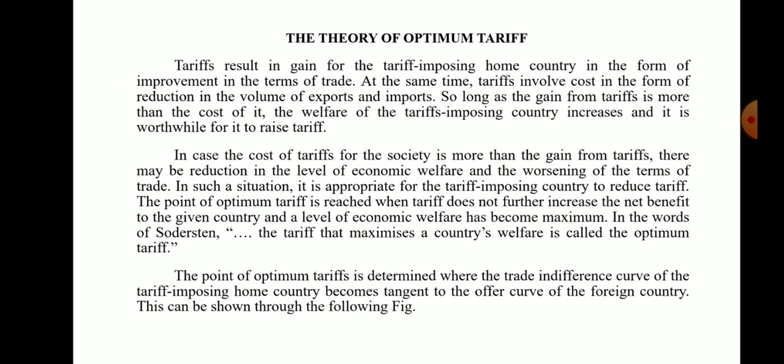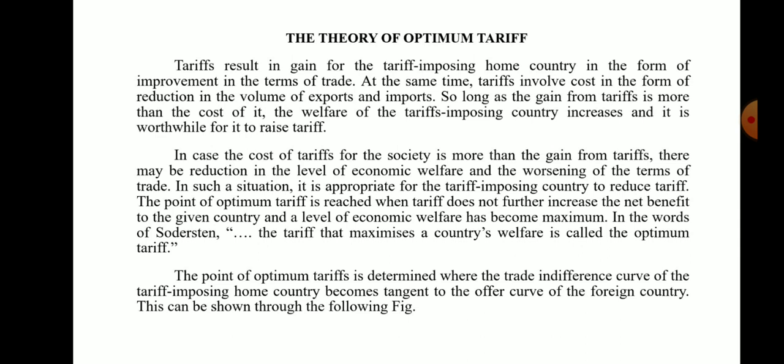Now let us discuss something about another concept, the theory of optimum tariff. Tariff result in gain for the tariff imposing home country in the form of improvement in the terms of trade.